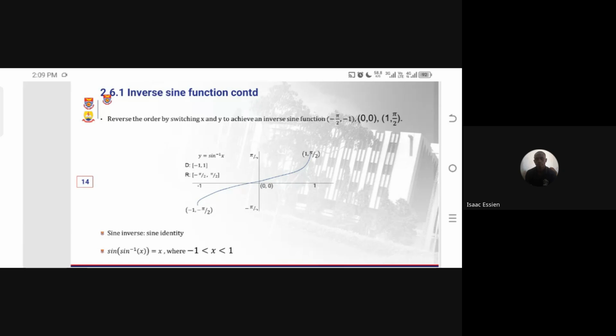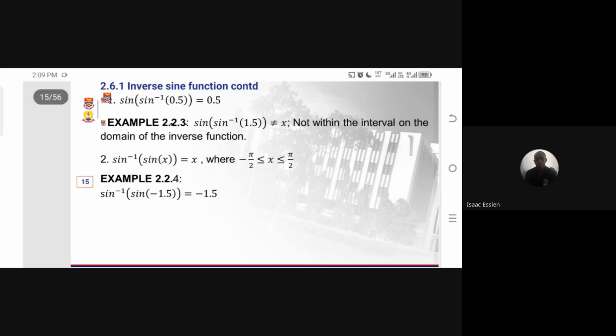When that happens, the sine of sine inverse of x is equal to x. The first example says sine of sine inverse of 0.5. Is 0.5 lying between -1 and 1? Yes. So sine of sine inverse of 0.5 is equal to 0.5.